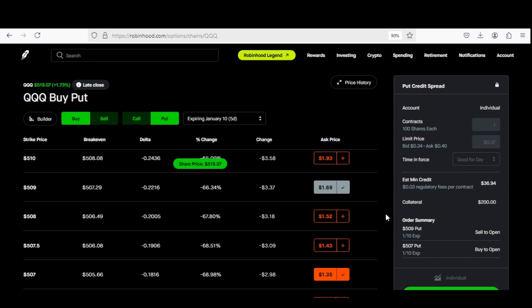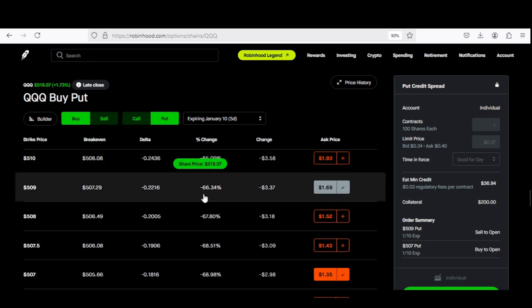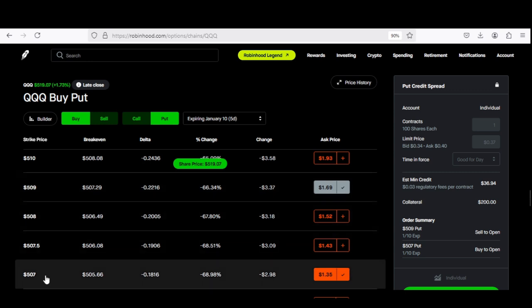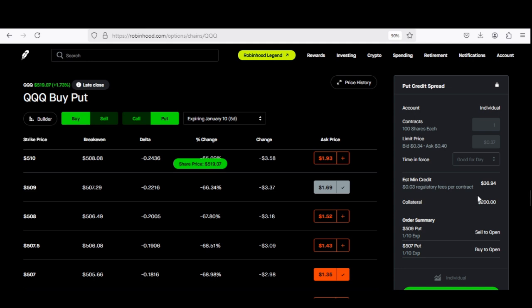Now, I did mention that there's a third way in which this option strategy could go. So, once again, come January 10th, at expiration date, if QQQ is trading at any price between your 509 and your 507, well, once again, you already guessed it, you're going to be able to keep your option premium. But now you're not going to lose your entire collateral.